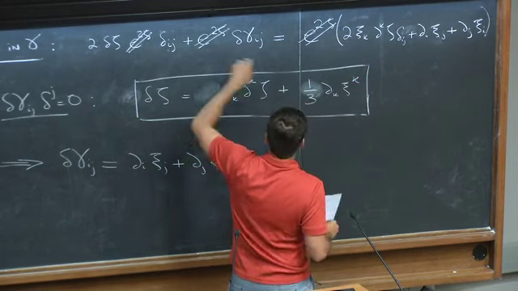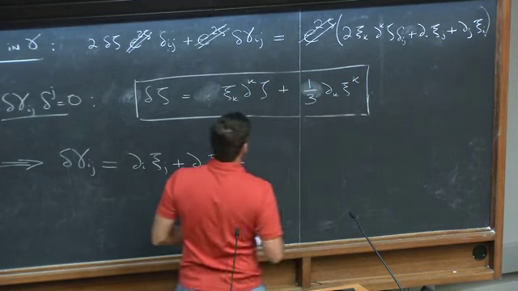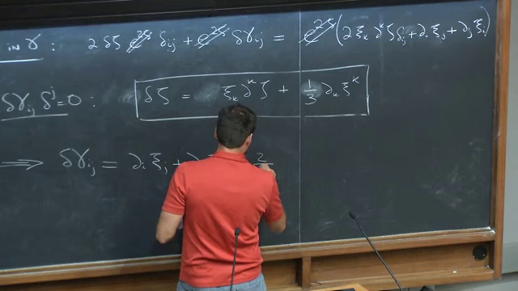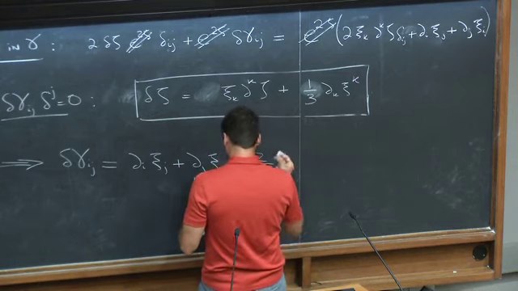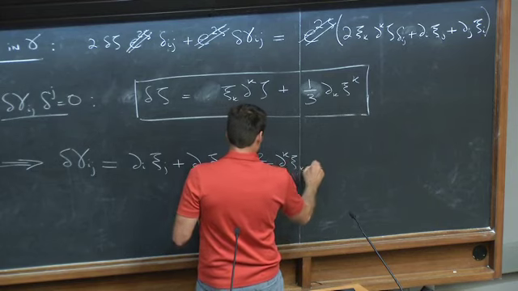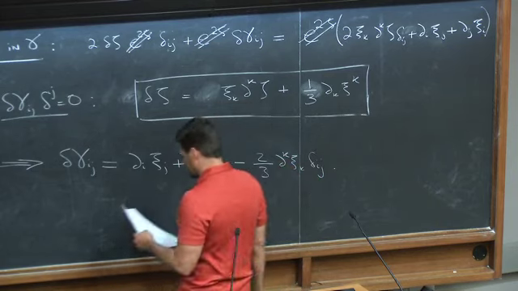Sorry, I divide by 2, so I'll have 1 minus a third. It comes out to be 2 minus 2/3, so it gives me at the end of the day minus 2/3 dk ck delta ij.